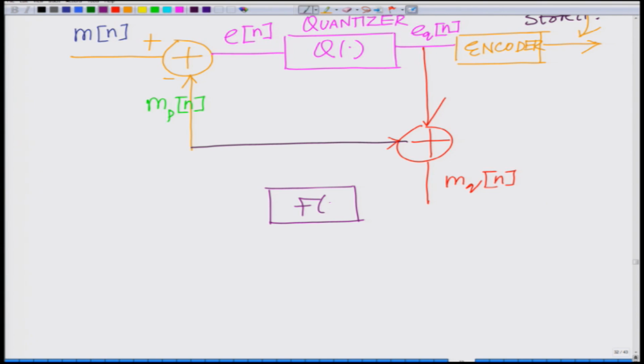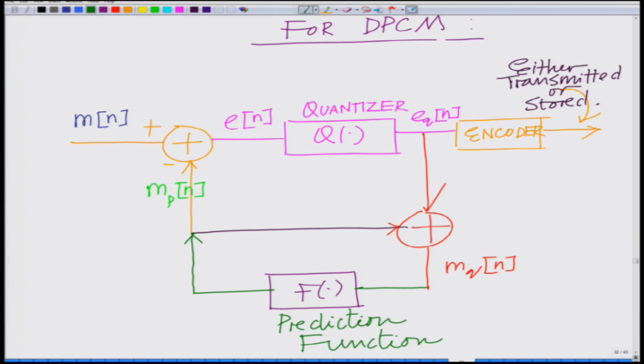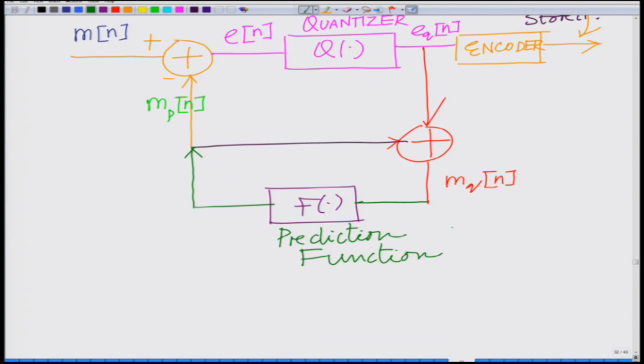So, we pass this through the prediction function, and the prediction function takes the past L values. This is your prediction function. Okay. So, this is basically the schematic. You have to pass it through the prediction function.